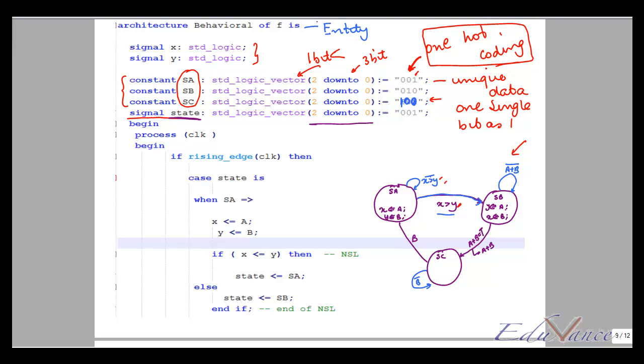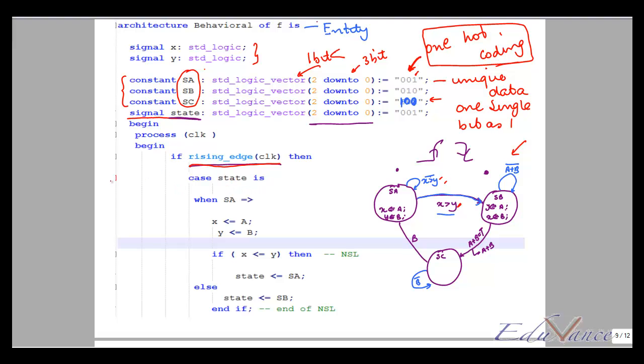That said, let's look at the actual FSM part. Now, obviously, I would go from one state to the other on the edge of the clock. So this must be a clocked process. So if rising edge clock, which is a clock process, then inside that I write case state is.